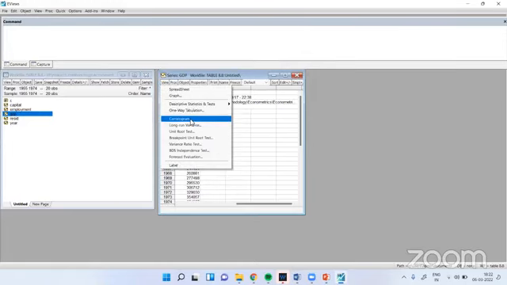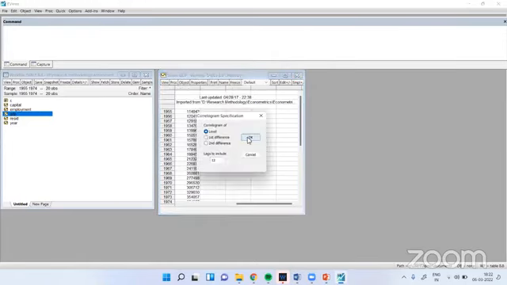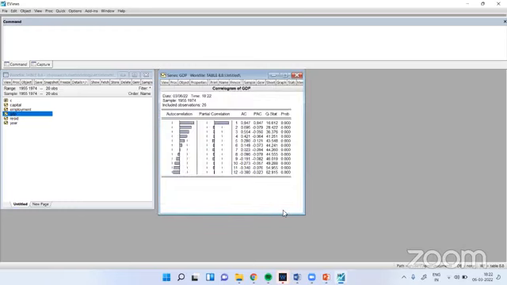Just see the correlogram at level. Now, what can you say about this? This is the ACF function. This is the PACF function, and the correlation is significant. And these are the lags: 1, 2, 3, 4, 5, and 6.